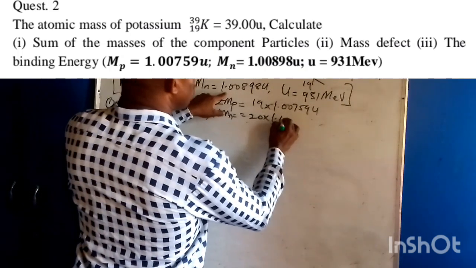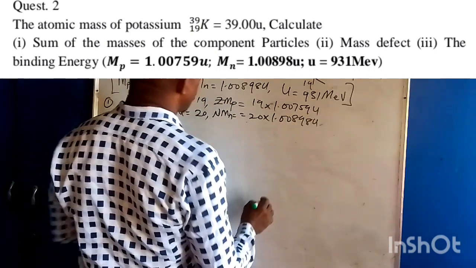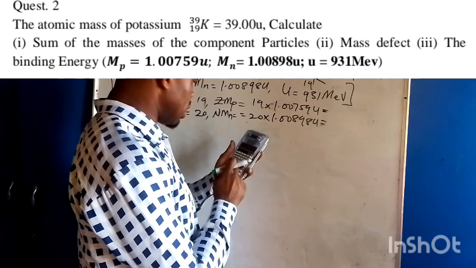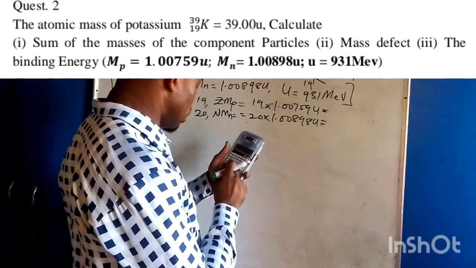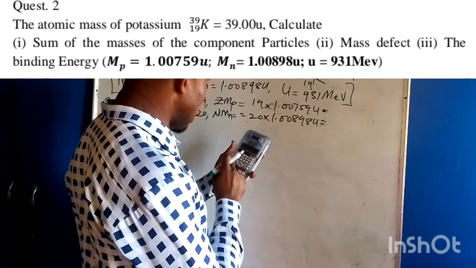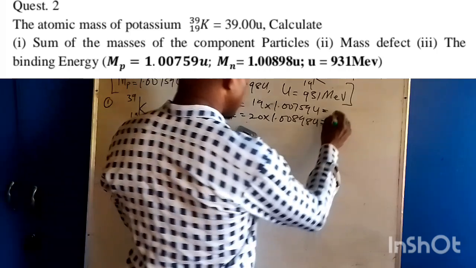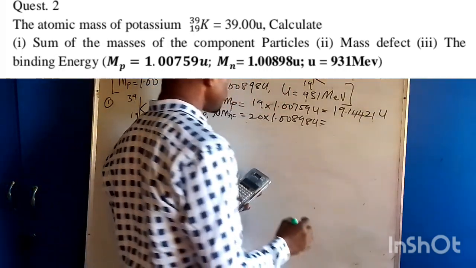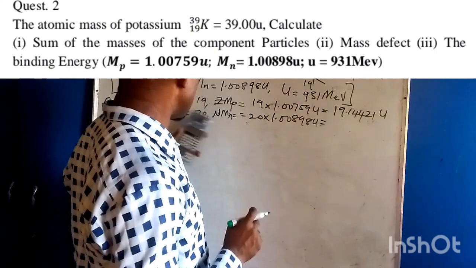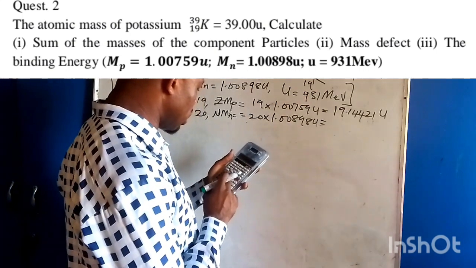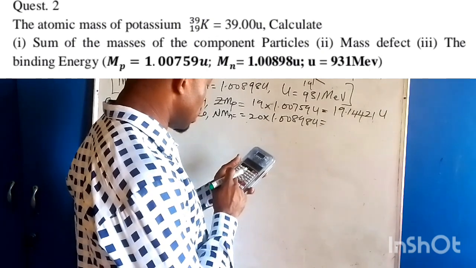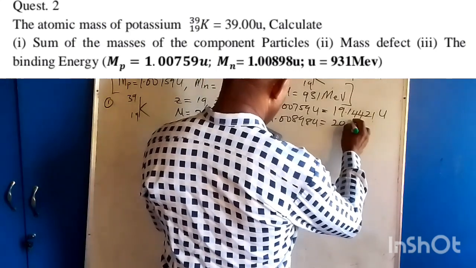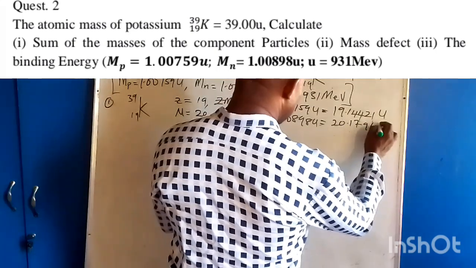The mass of neutron is 1.00898 U. By calculation, the first one, 19 times 1.00759, will give us 19.14421 U. The second one, 20 times the mass of neutron, 1.00898, will give us 20.1796 U.